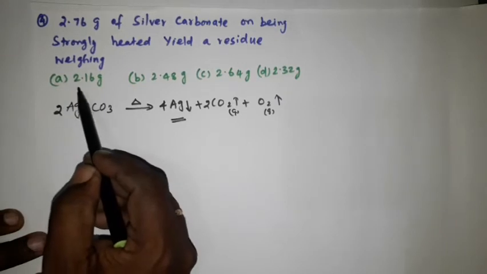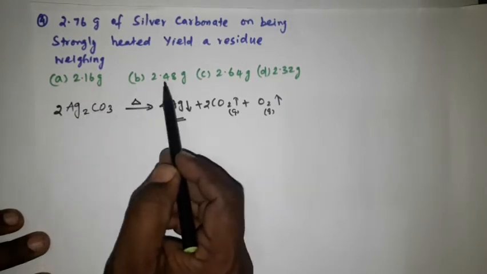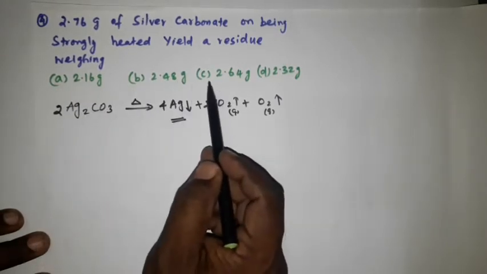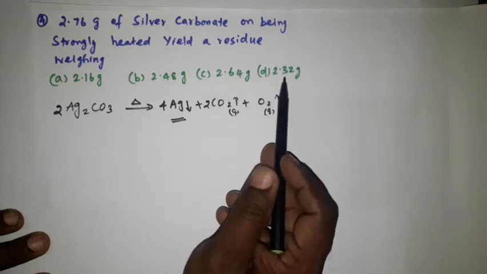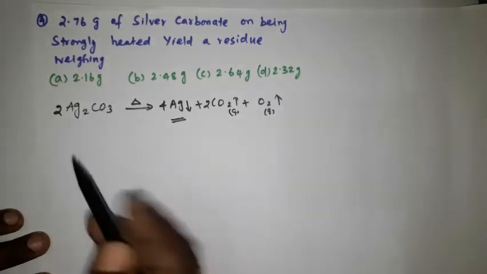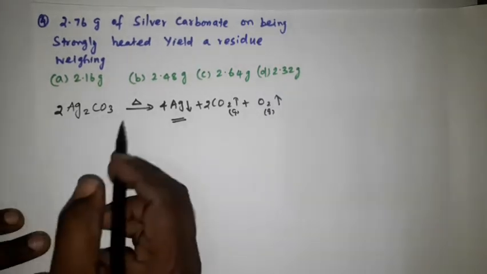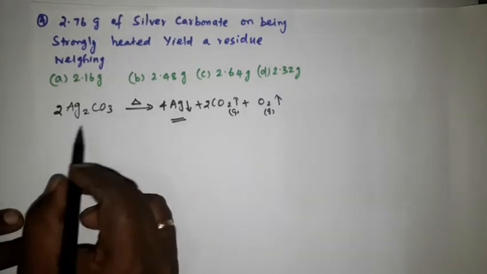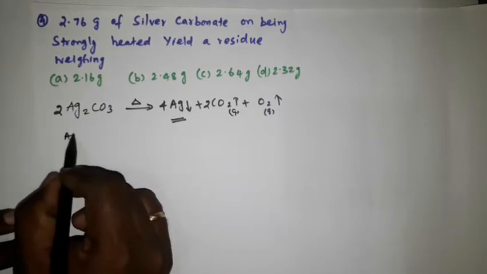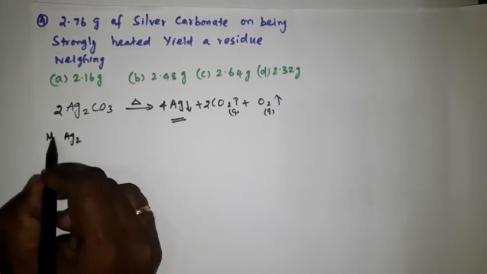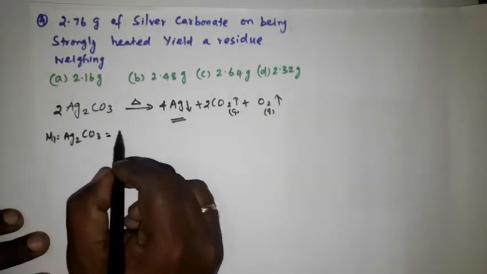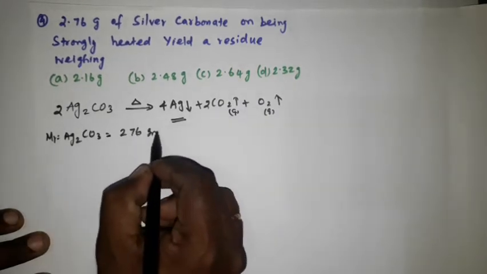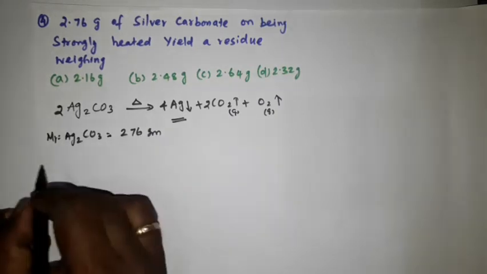Option A 2.16 gram, option B 2.48 gram, option C 2.64 gram, option D 2.32 gram. Clear? Now according to the equation, the molar mass of Ag2CO3 is 276 gram. You calculate, then you will get the answer.